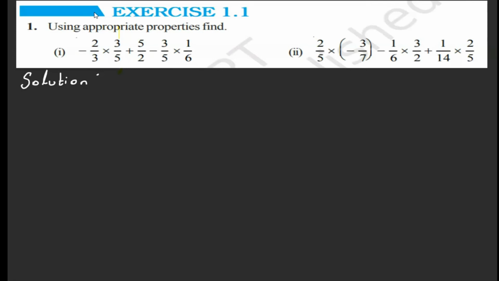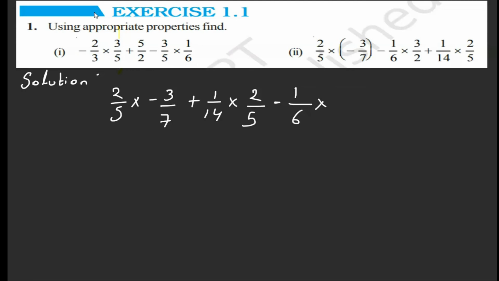So let us rearrange the numbers again. So first let us write 2 upon 5 into minus 3 by 7 and plus 1 by 14 into 2 by 5. And this group I'll write at the end. Minus 1 by 6 into 3 by 2.